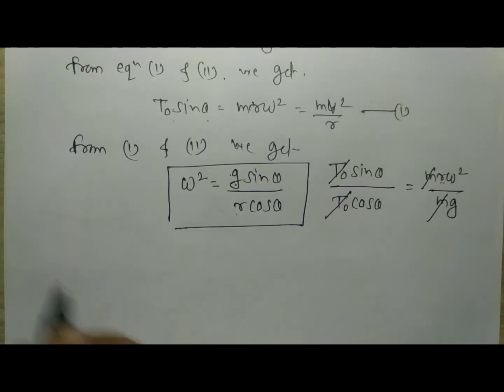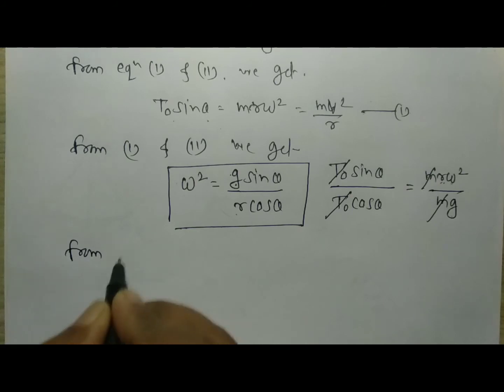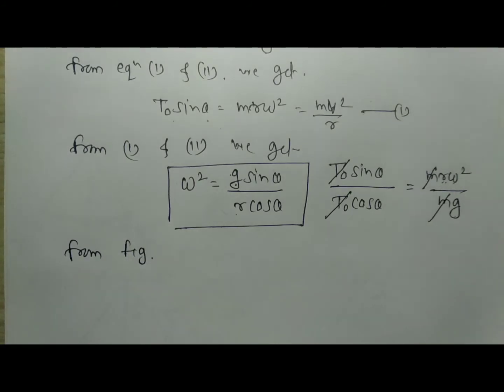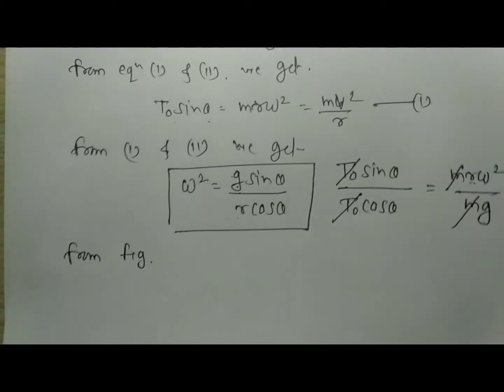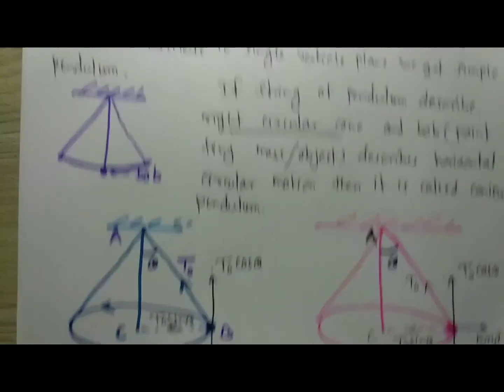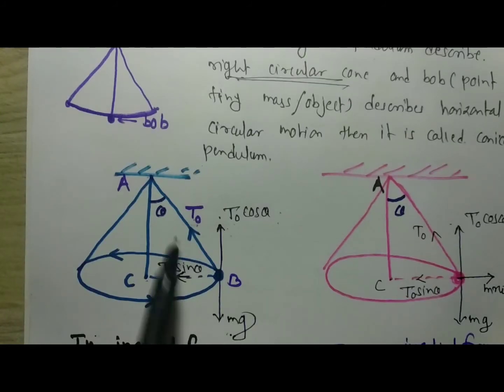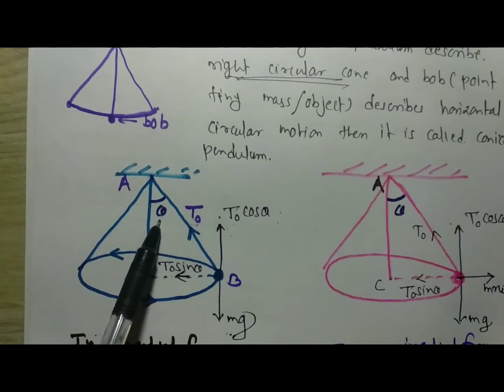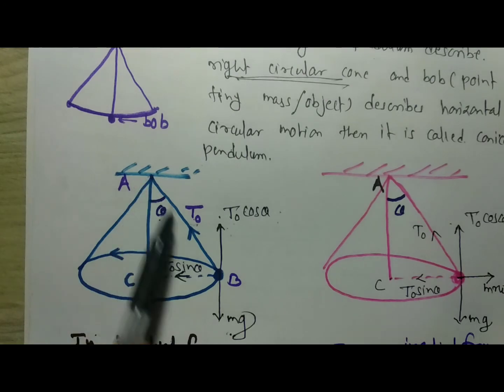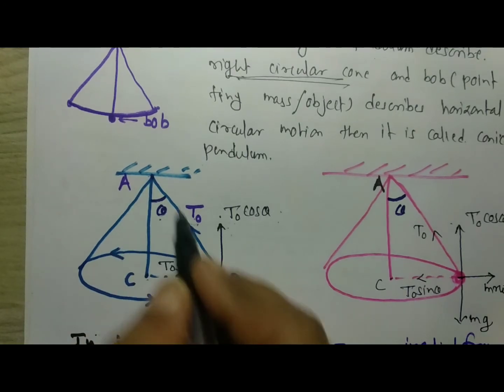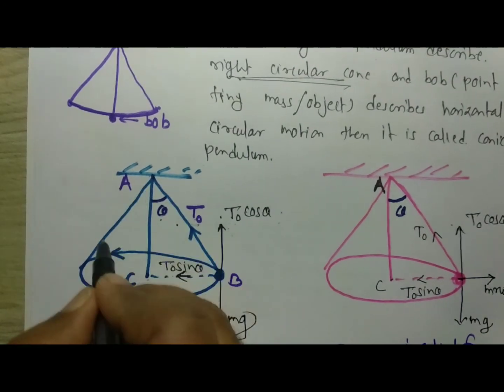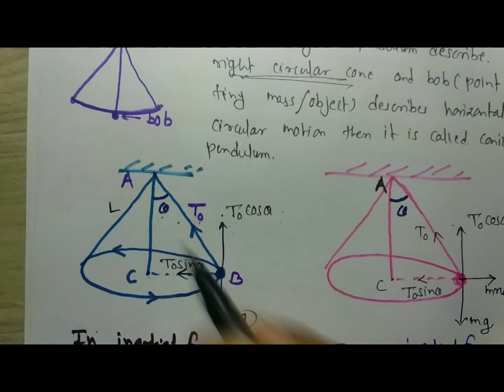Right now, from the figure, we have to think about sin theta. I am now going with the diagrammatical representation of that conical pendulum. Theta is the semi-vertical angle, and the length of the pendulum is capital L, which is given.